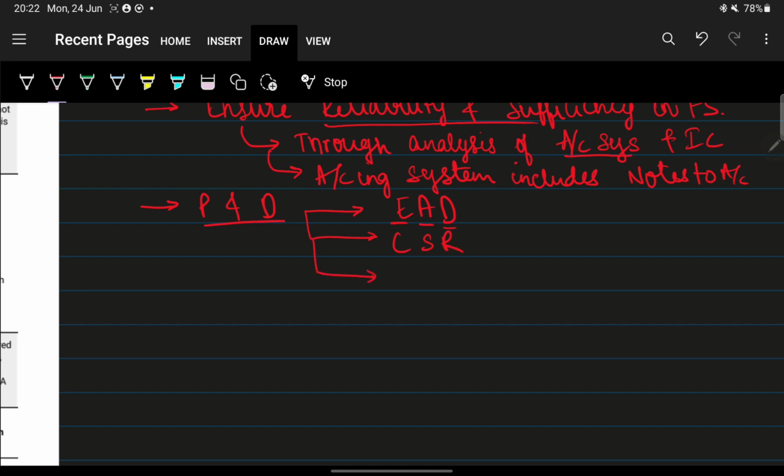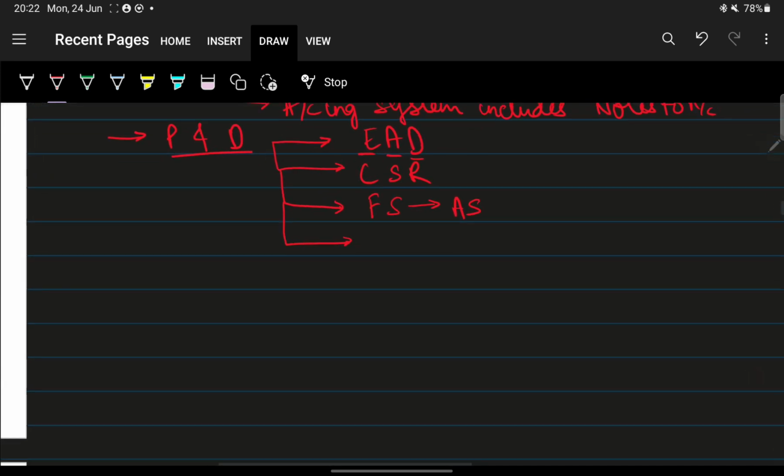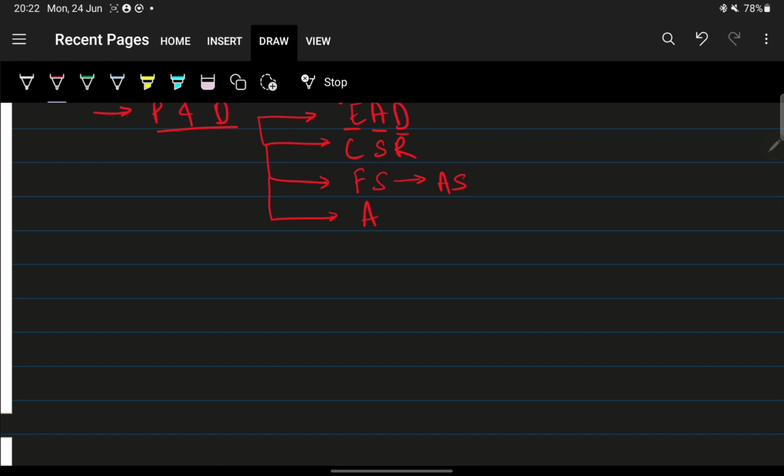Next, that the financial statements provide an accurate summary. And next, the auditor has to evaluate, or rather basically you can just write evaluation of management's judgment.